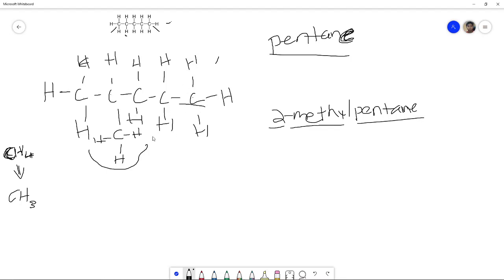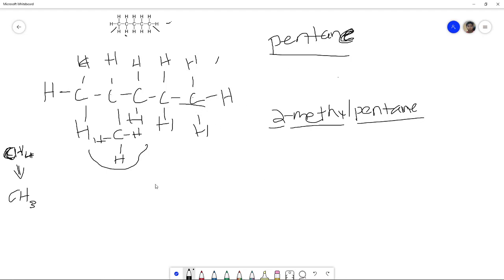As you can see, this substituent group is connected to the second carbon. But if we started from here, it would be connected to the fourth carbon. And we always want to deal with smaller numbers. So we start from the side that has the substituent group first. And that's why we started from the left, then the right.